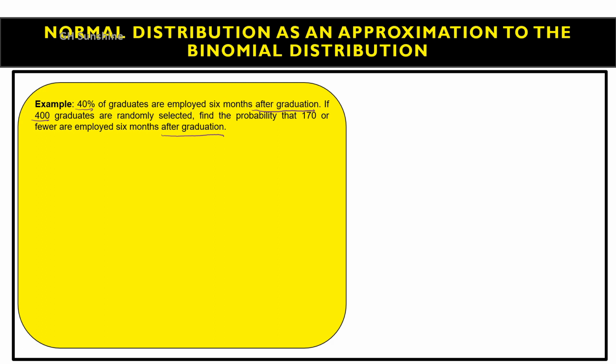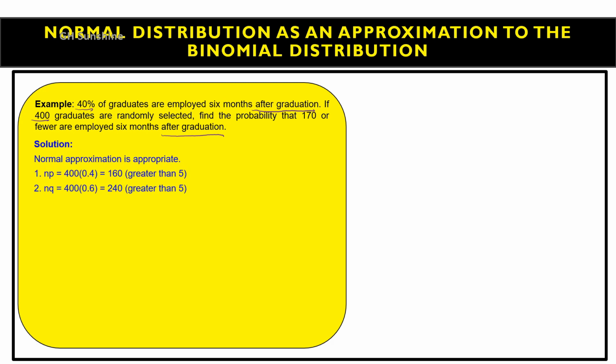So is it suitable to use normal approximation? Let's check these two conditions. Okay. First condition, np. So np is 400 times 0.4, 160, which is greater than 5. And then nq. p plus q equal to 1, therefore q equal to 0.6. Substitute, nq equal to 240, which is also greater than 5. Therefore, normal approximation is suitable to be used.